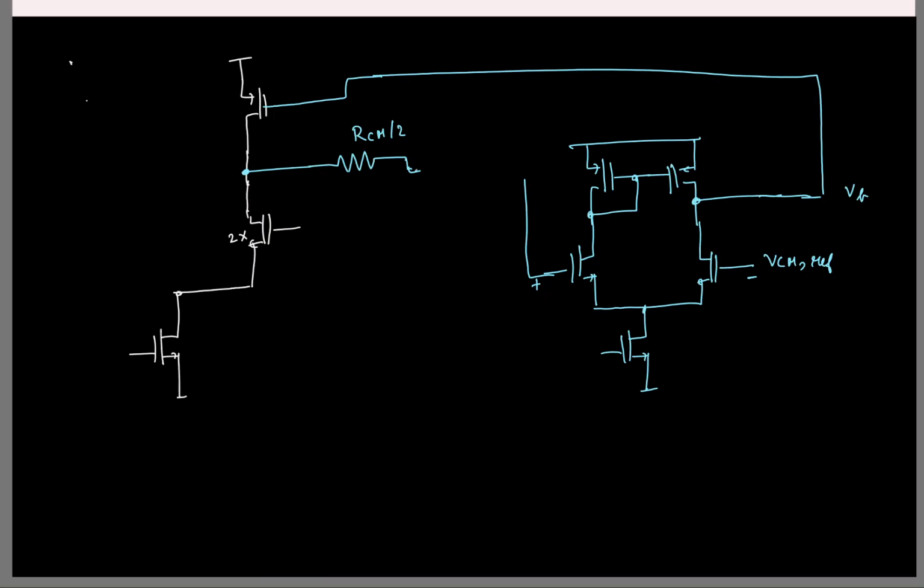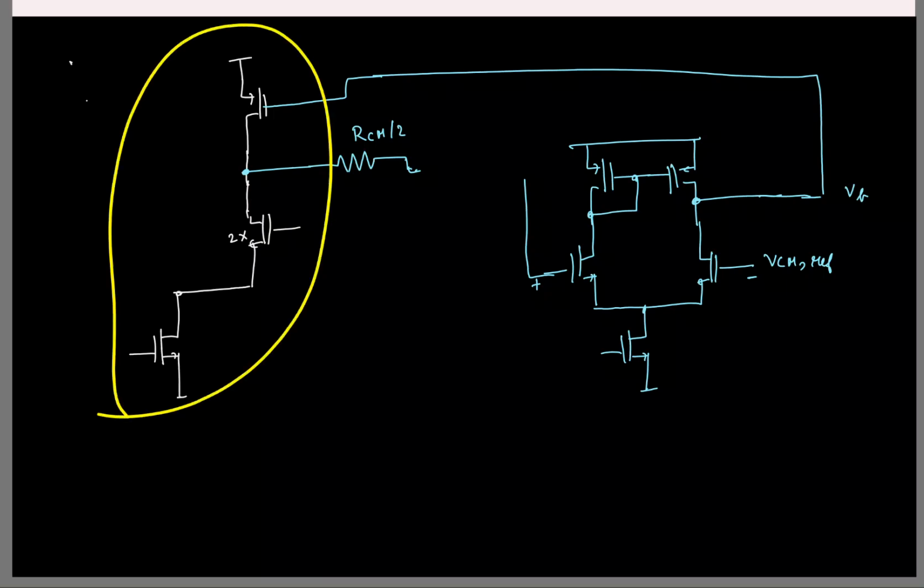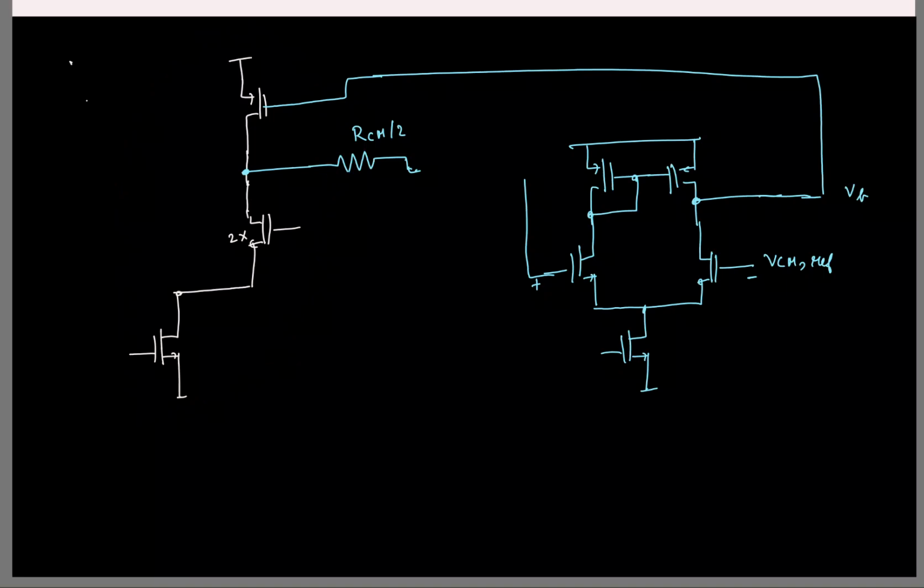And what is the simplest way in which you can make it stable? Miller, right? So I'll have to put a capacitor. Where will I put the capacitor now? This is the second stage. Across the second stage I'll have to put it. Okay, so let me quickly draw that. See, this is my first stage, right?